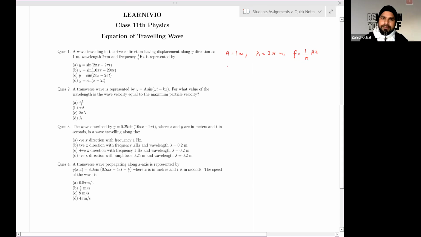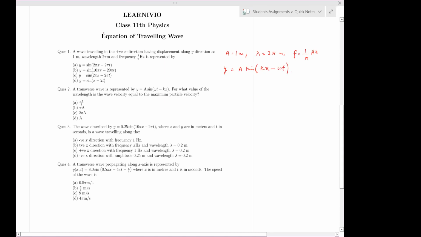According to the general formula, the equation of a traveling wave will be A times sin(kx minus omega t). If it is going towards the positive x-axis, then it will have a negative sign with it. Now put in their values and simplify it.